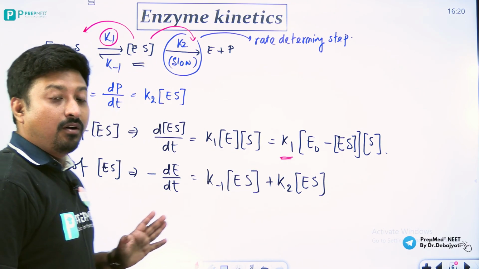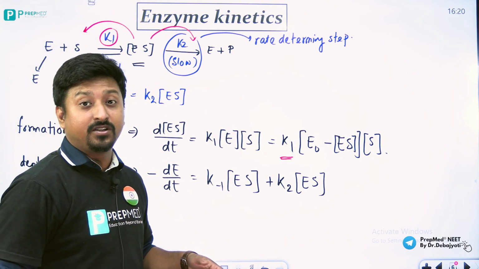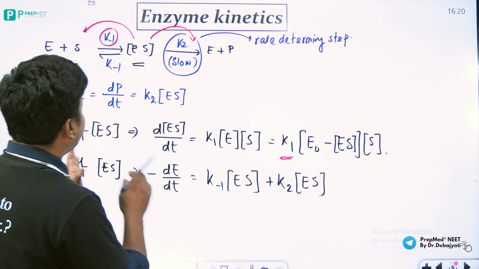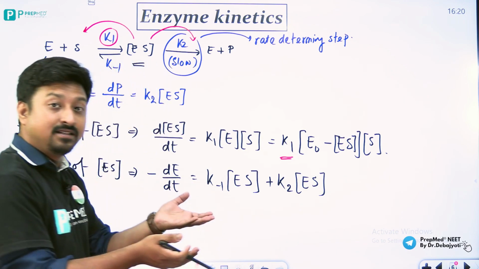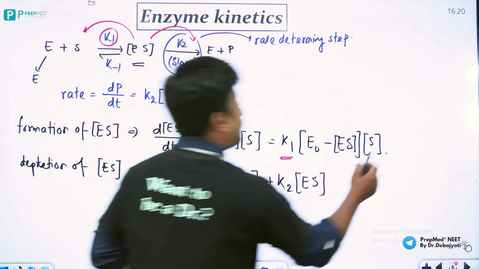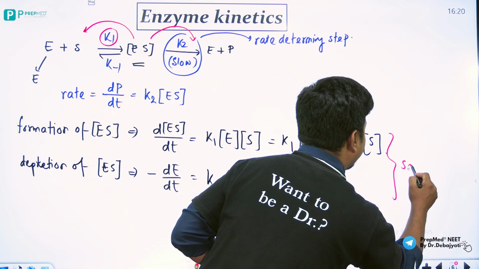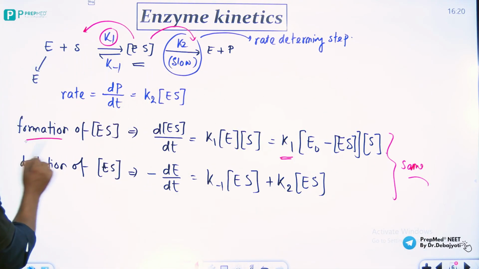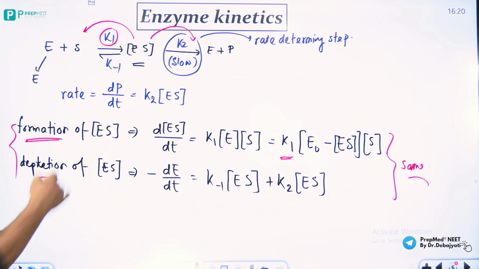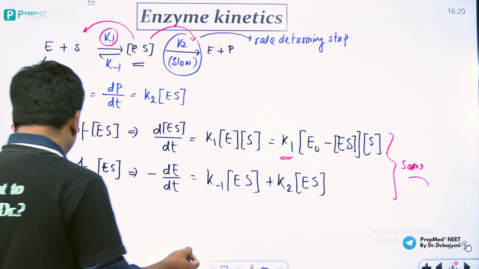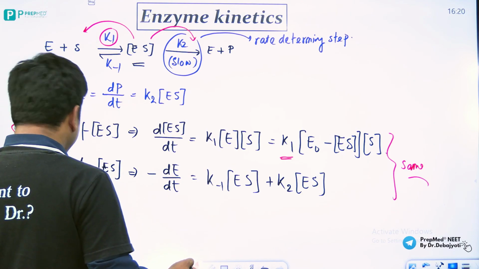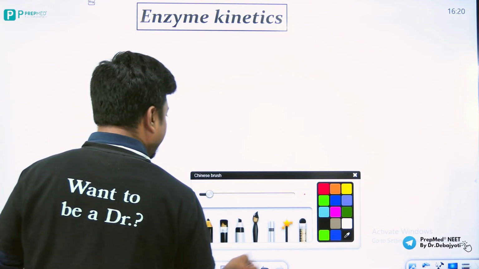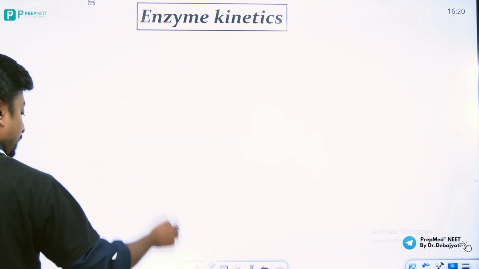Now using the steady state approximation, whatever rate the ES is forming, that is the same rate at which ES is depleting. So the rate of depletion and the rate of formation will definitely be the same. If I use that logic, let's rewrite the equation once again.